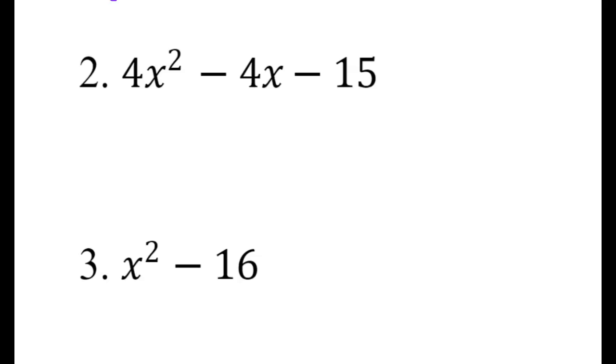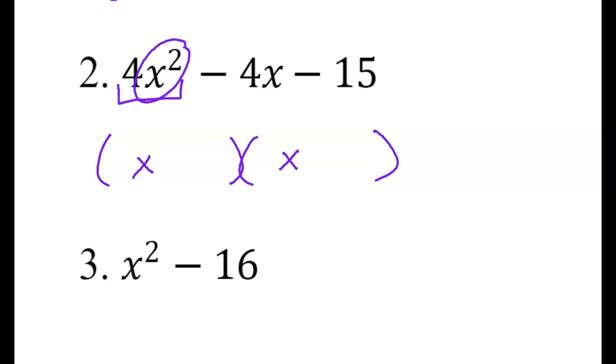But if you weren't trying to use a method, we're just trying to think: we know we're trying to factor this into 2 factors, and we know both of the leading terms are going to have x, because to get this first term, an x squared, we have to multiply an x times an x. We also have to think of factors of 4 that multiply together to go on those x's. So what are factors of 4?